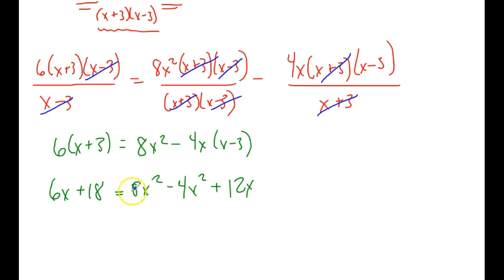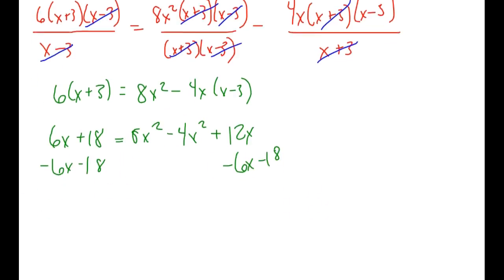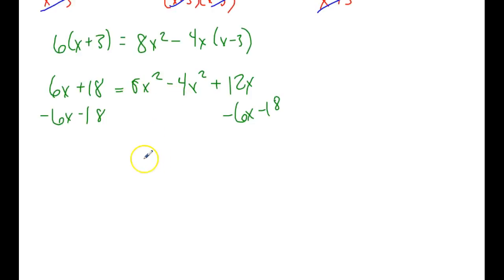Now I see I'm going to have a quadratic, so I want to make sure everything gets to one side. 6x minus 18. So I end up with my 8x squared minus 4x squared gives me 4x squared. 12x minus 6x is plus 6x minus 18.